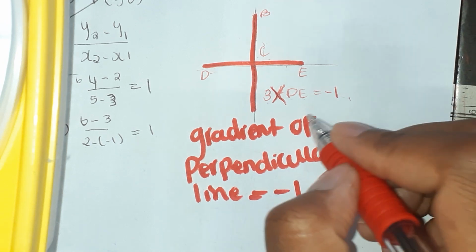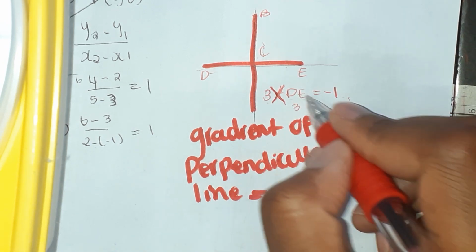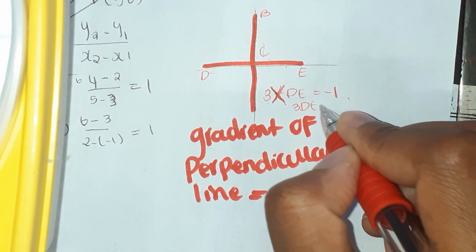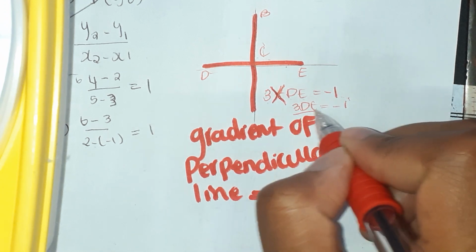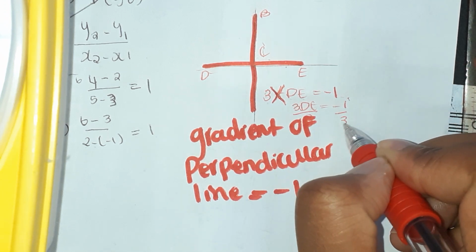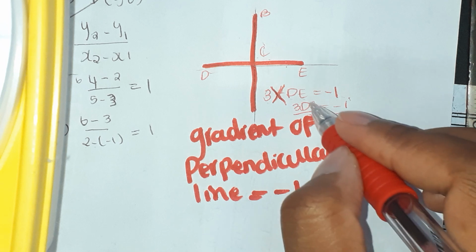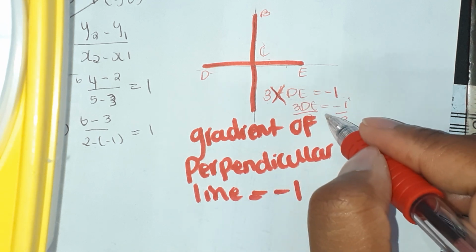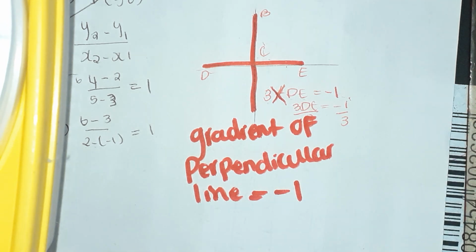So we can say 3 times the gradient of DE equals -1. You just divide by 3 on both sides, and then the gradient of DE would be -1 over 3. You see, this is how you will do it if you have that question.